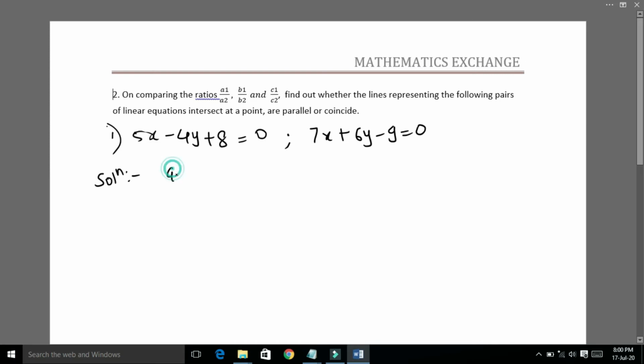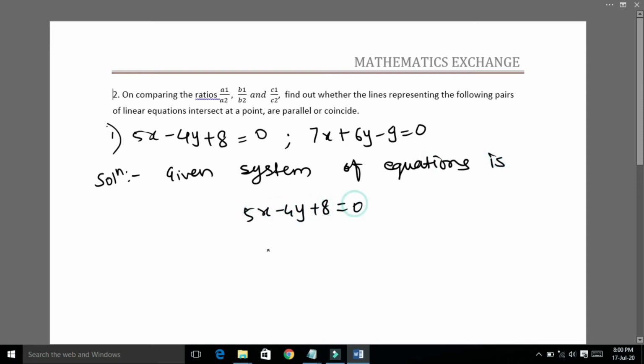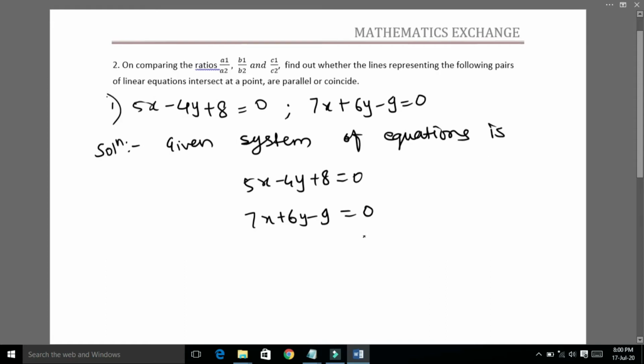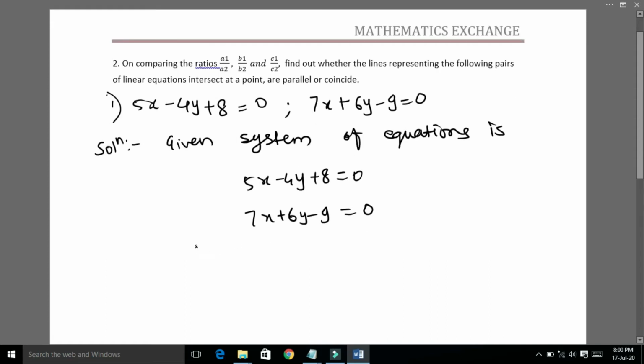So the given system of equations is 5x minus 4y plus 8 is equal to 0 and 7x plus 6y minus 9 is equal to 0. These two equations are already given in standard form. Now we find out a1, a2, b1, b2 and c1, c2.